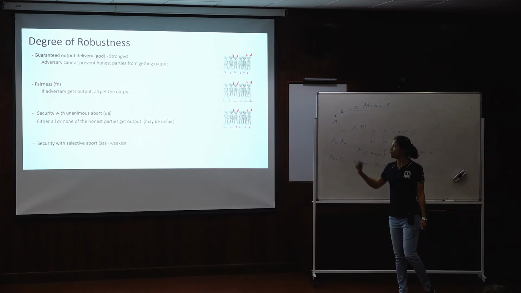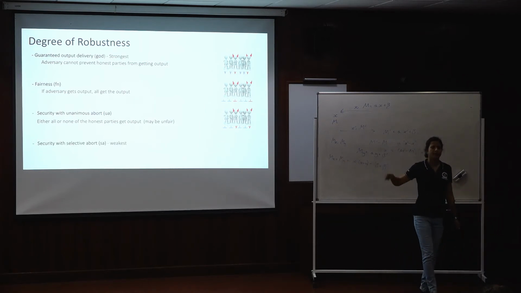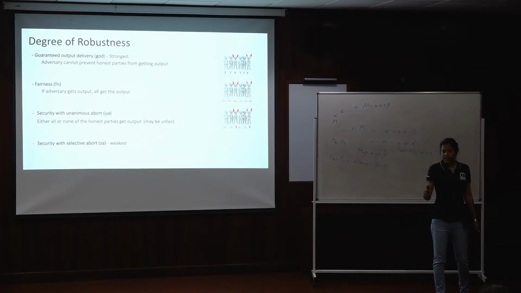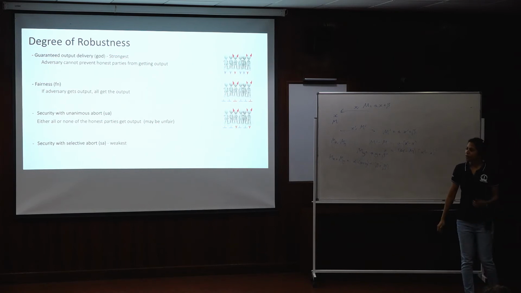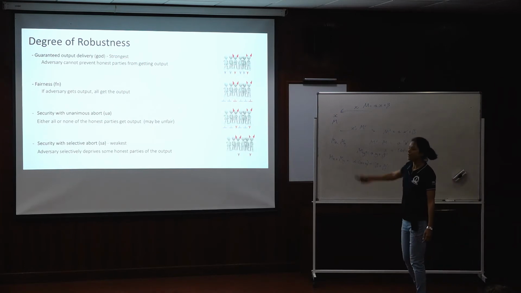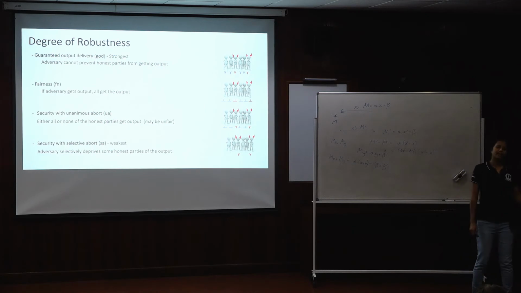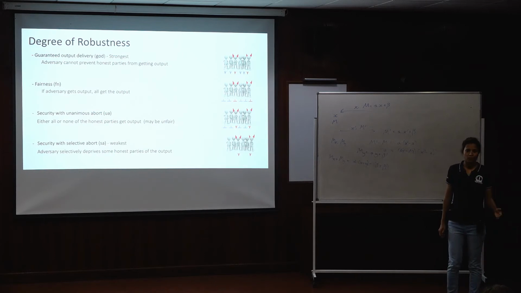And the last one, which is the weakest in the set, is called security with selective abort. Here we are going to violate the unanimity as well. Again, it's unfair. The corrupt parties may always receive the output and then can decide which set of honest parties get the output and which do not.